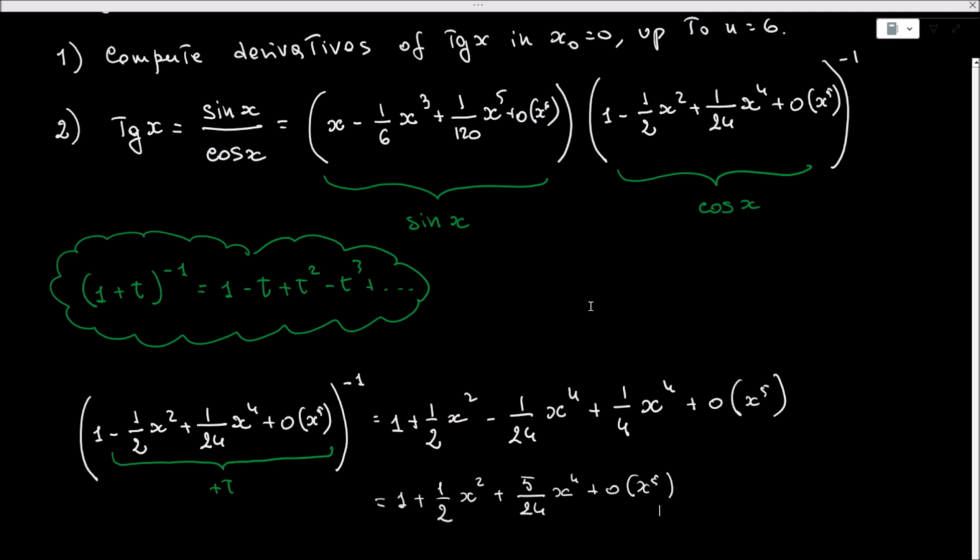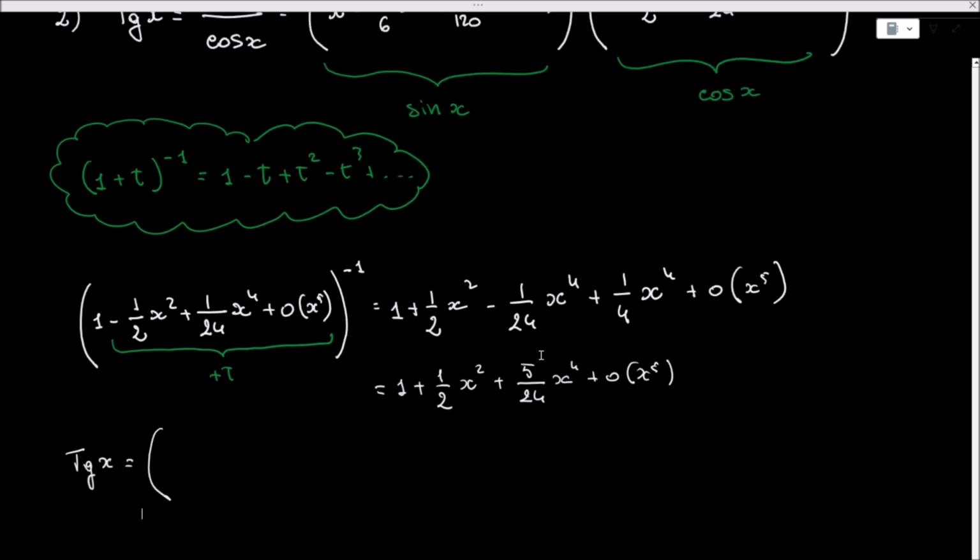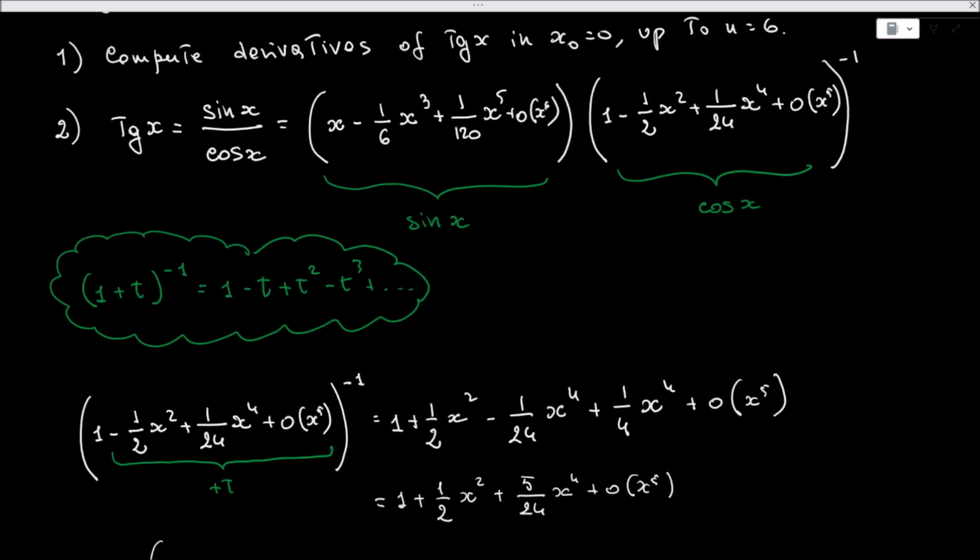Now we are ready to put everything together, and we have that the tangent of x is equal to the sine, that is x minus 1/6 x to the cube plus 1/120 x to the 5th plus little o of x to the 6th, times 1 plus 1/2 x to the square plus 5 divided by 24 x to the 4th plus little o of x to the 5th.